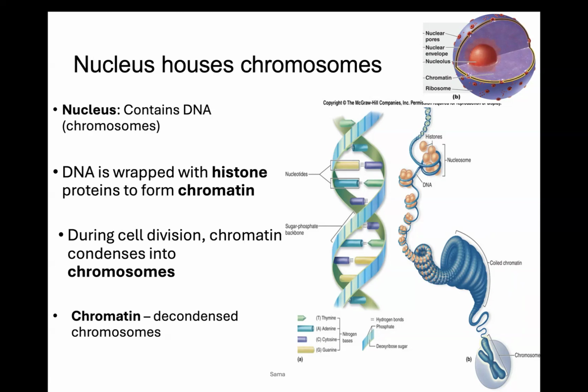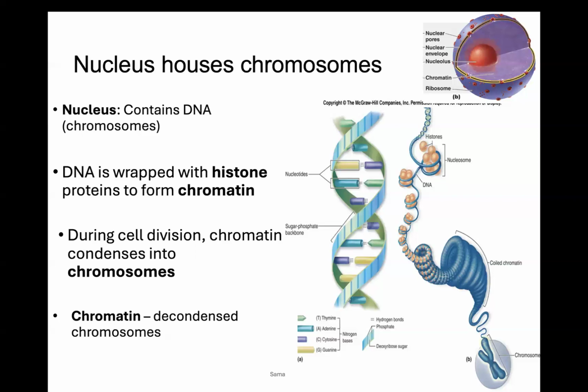So when we think of eukaryotes, in the nucleus, DNA exists in two forms. Chromatin is the relaxed form of DNA when the cell is not dividing, so that the cell can make copies of the DNA. Chromosomes are during cell division when chromatin condenses to form these visible chromosomes.